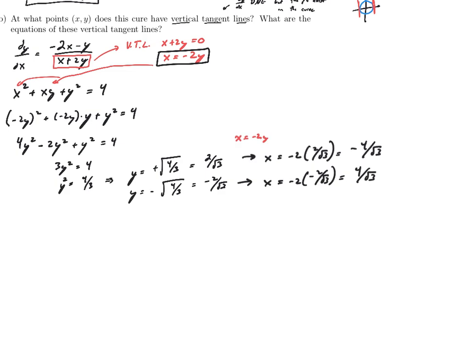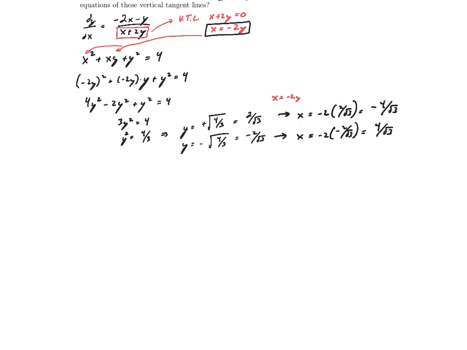Now the slope here is undefined, but let's write down our points. For our points, we have our x. Now don't forget, some people mess this up. It's easy to do this, but remember, in this one, we did our y's first. So we have to write down our x's first to get the right answer. That's an easy one to mess up on a multiple choice part. But we have negative 4 over square root of 3, comma 2 over square root of 3 as our first point, and our second point is going to be the same idea, 4 over square root of 3, comma negative 2 over square root of 3.